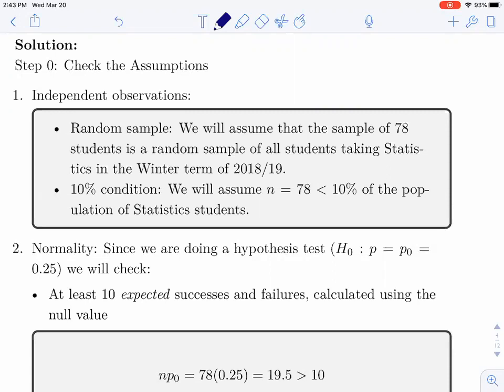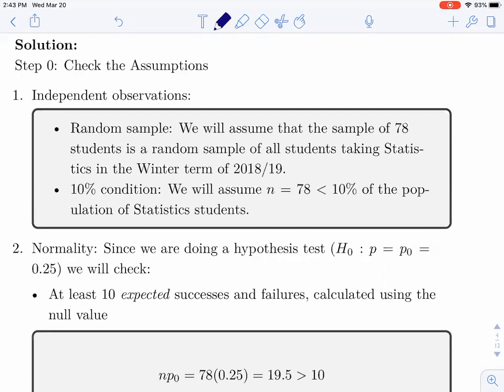So here I'm just saying, we will assume that the sample of 78 students, because that's how many people wrote the test, is a random sample of all students taking stats in the winter term 2018-19. I'm just saying, hey, here's something I'm assuming might not actually be true, mostly because you're all just in my classes, but still. But so you just say that that's something that you're assuming.